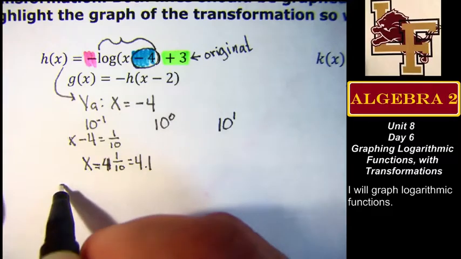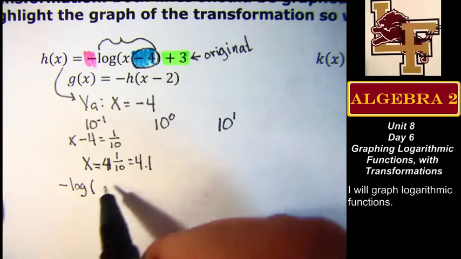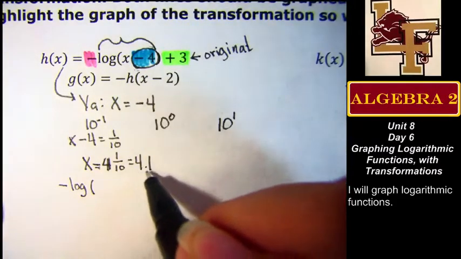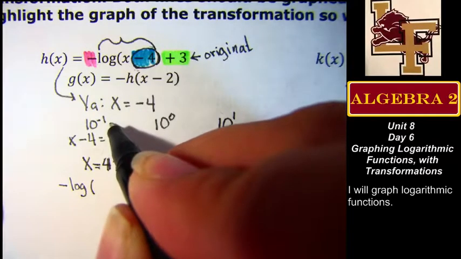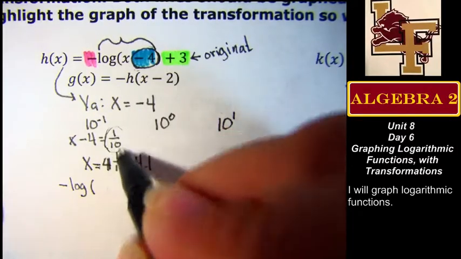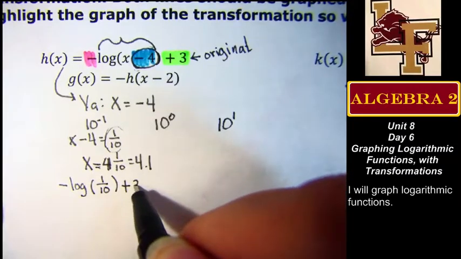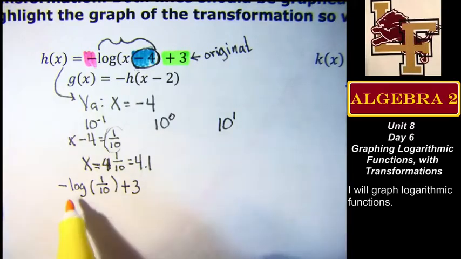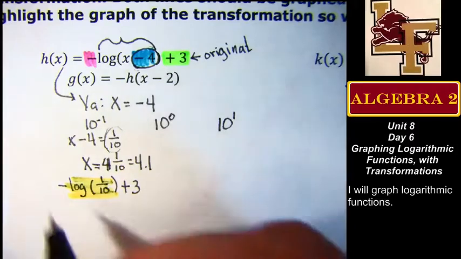Okay? So negative log, I'm going to grab this thing in here, which when x is negative 4, this piece in here becomes this value. But I set it up that way because all of this then turns into negative 1.